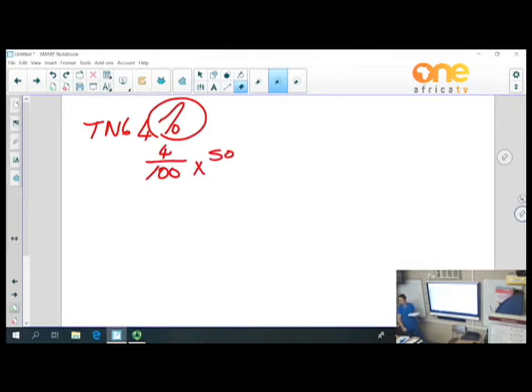Okay, and what is the answer there? 2. Now 2 centimeters, because this time you're going to get a value, so it is 2 centimeters. So this is now the opposite of what we've been doing.